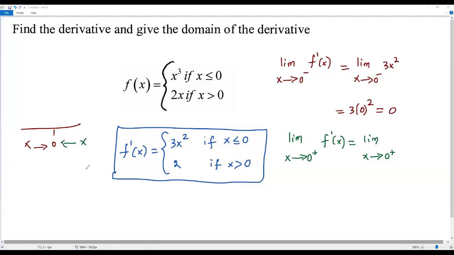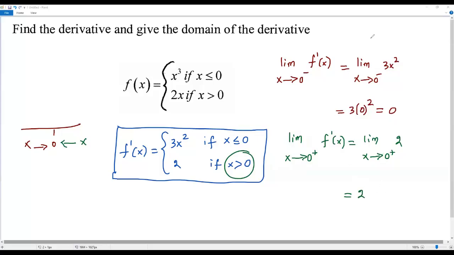When x approaches 0 from its right side, all the values of x over here are positive. Then we have this condition, x greater than 0. So when x is greater than 0, what do we have for f prime of x? That's just 2. So for f prime of x, we have to plug in 2. Now I have to plug in the limit 0 for x over here, but I don't find x here. So the result of this limit is just 2.